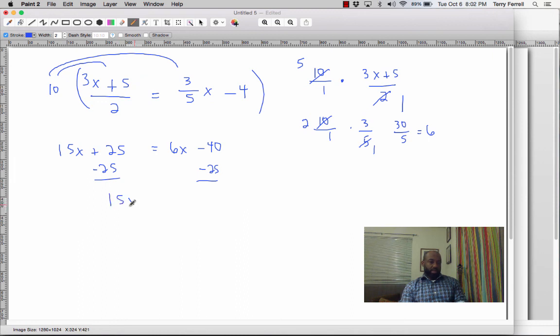So 15x equals 6x minus 65. Subtract 6x. 15 minus 6 is 9. 9x equals negative 65.